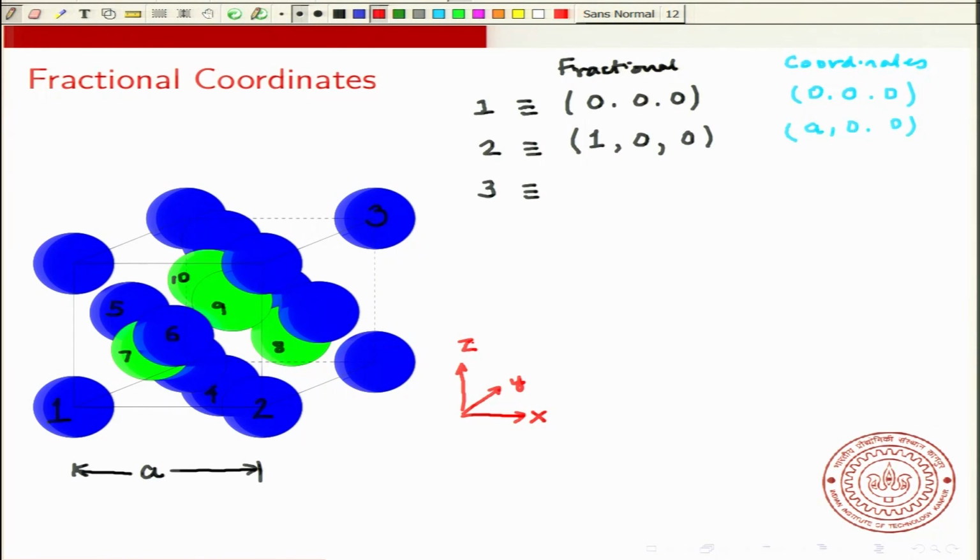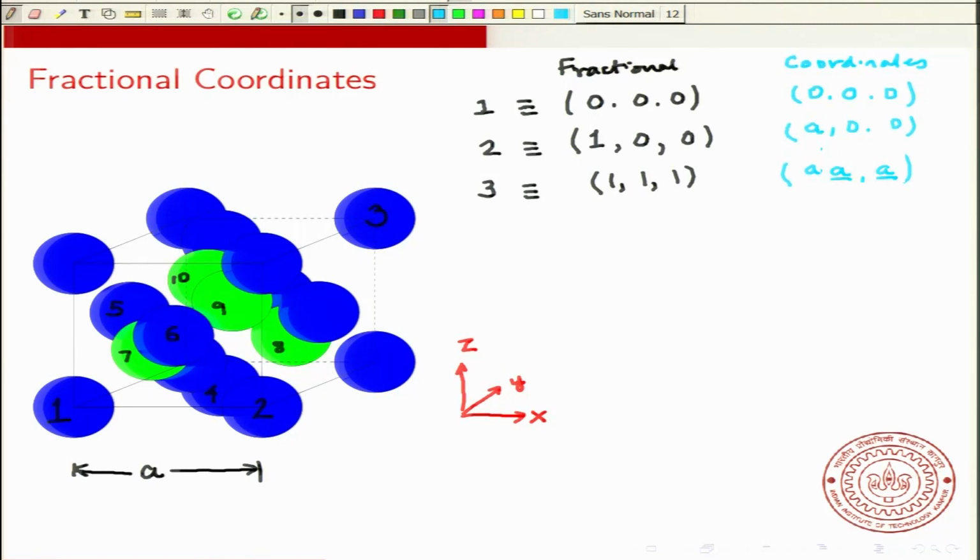I've been assuming that this is the coordinate system, but I'll just state it explicitly. Now what about atom 3? It's not too much work to see that this is nothing but 1 1 1, or in terms of the actual coordinates it is a a a. So these three were fairly easy.